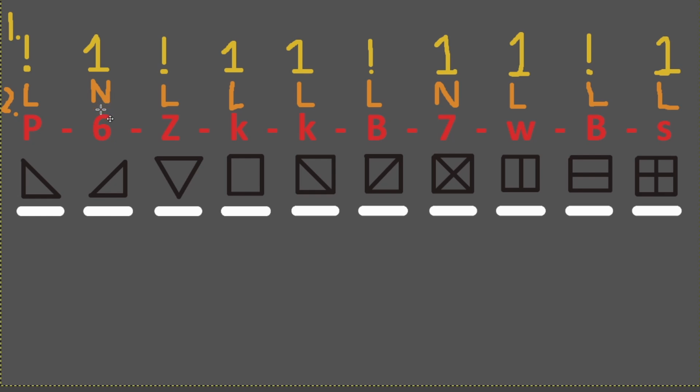And I specifically accentuate letters and numbers whenever I'm talking about the ARG code that you need to figure out in the end, so that you would know that L's and N's is letters and numbers. And then the top part, the exclamation points and the 1s, is because the exclamation point and the 1 share the same key on the keyboard.